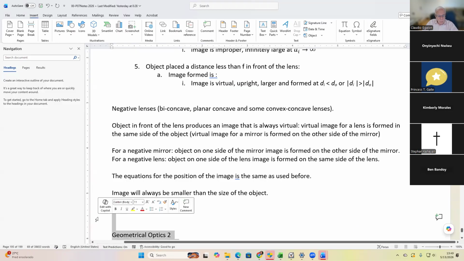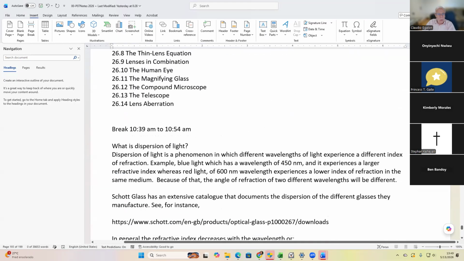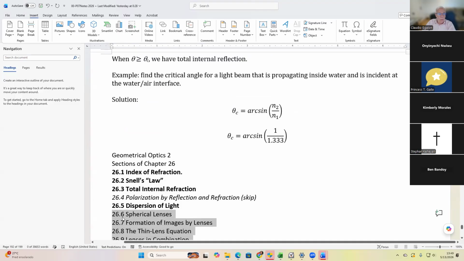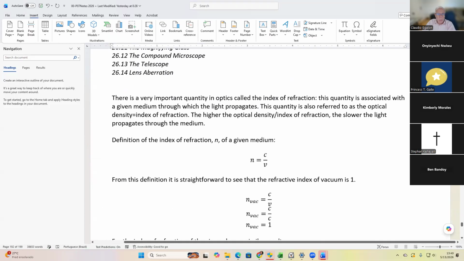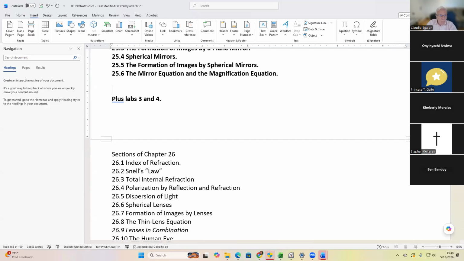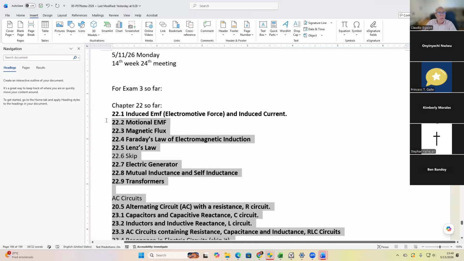Geometrical optics 2. For exam 3 so far?